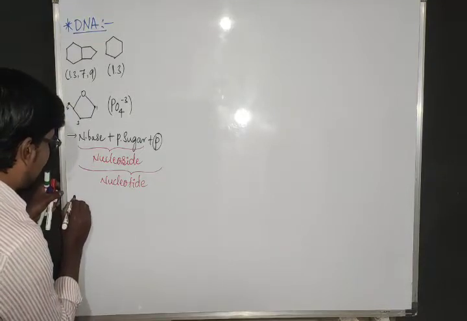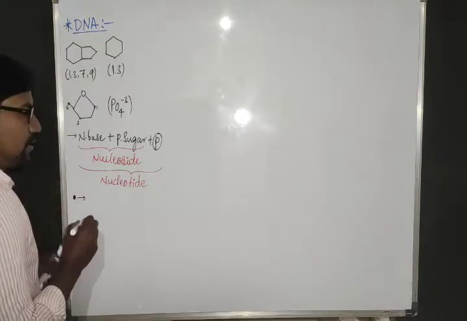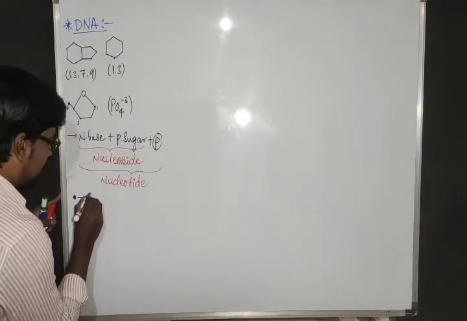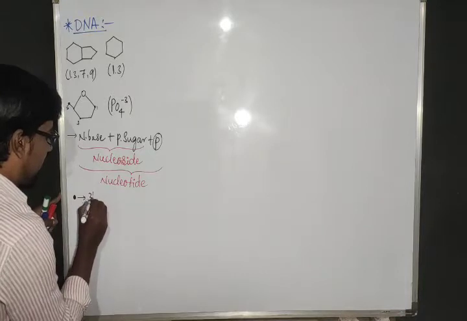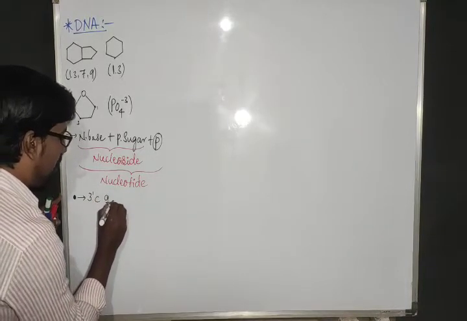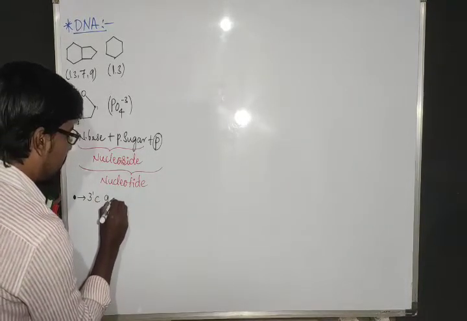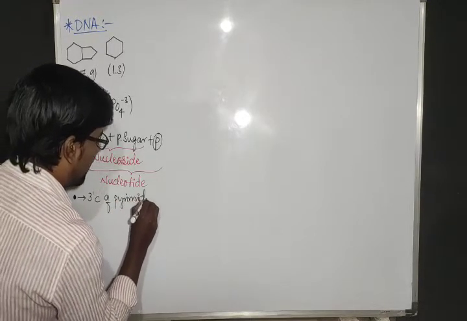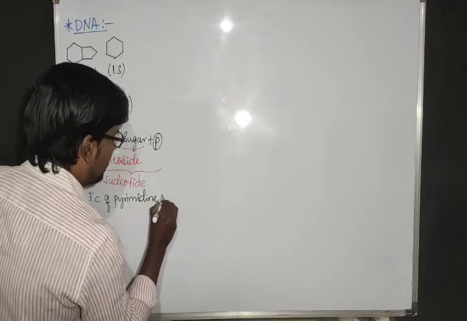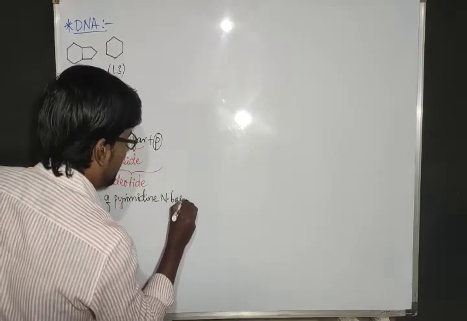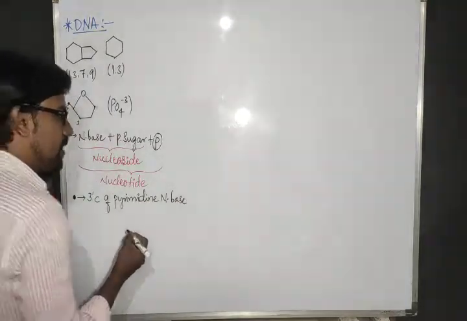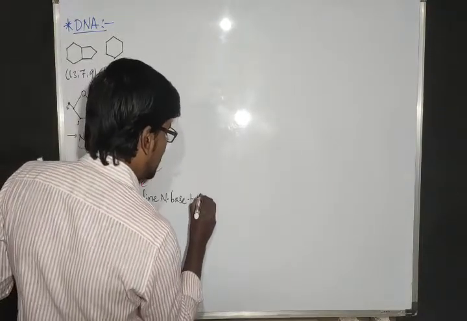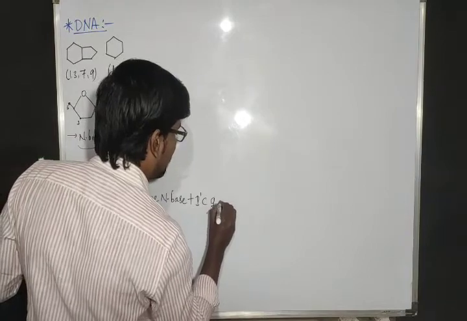I am going to write some points here. Third carbon of pyrimidine nitrogen base combines with first carbon of sugar.